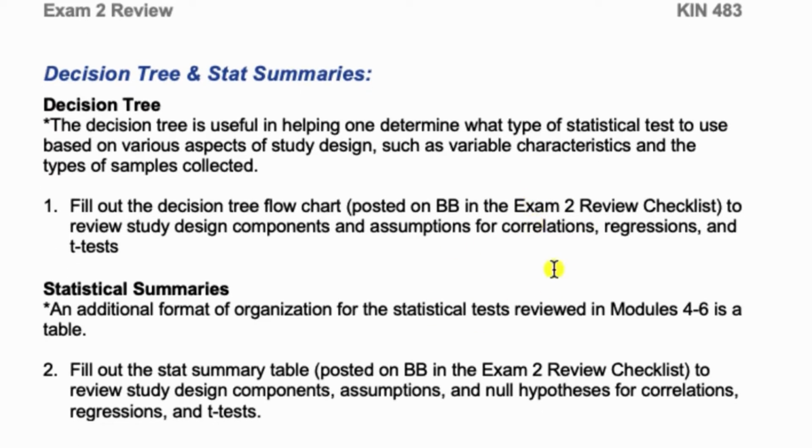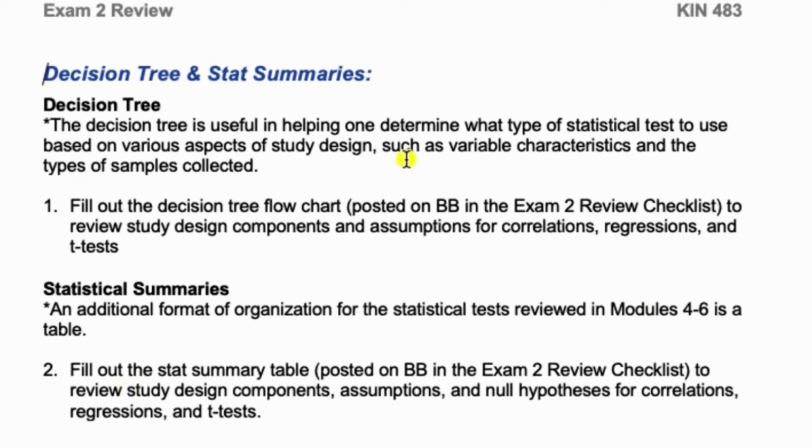So this models very similarly what an activity would look like. At the beginning, I've given you two options to review the different study designs as well as the null hypotheses that are attached to those study designs.